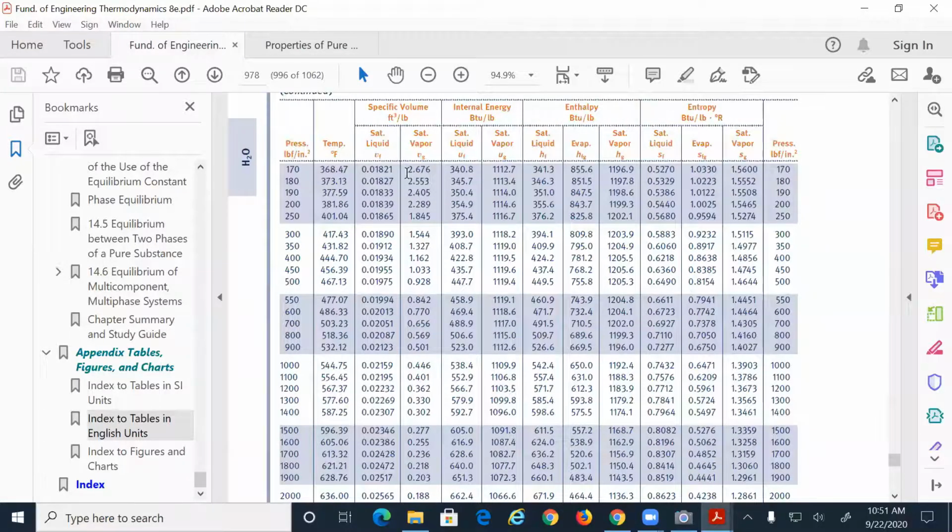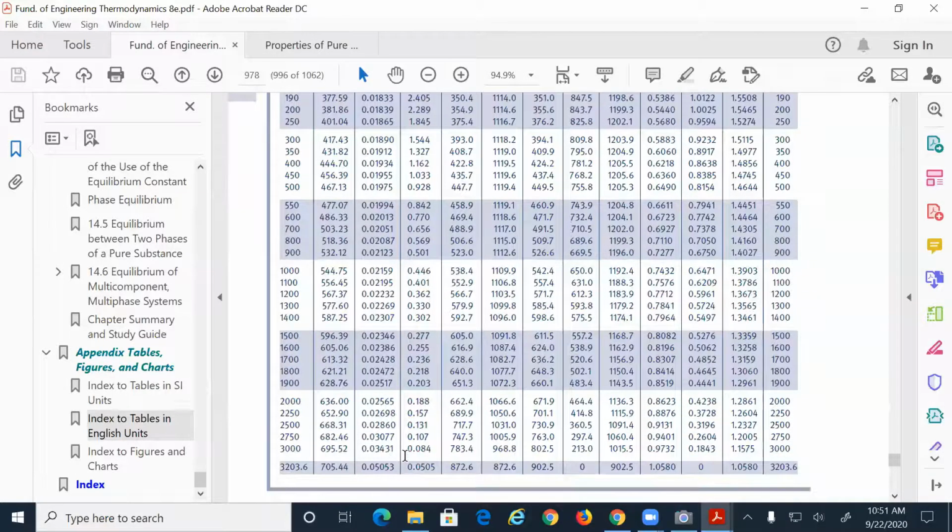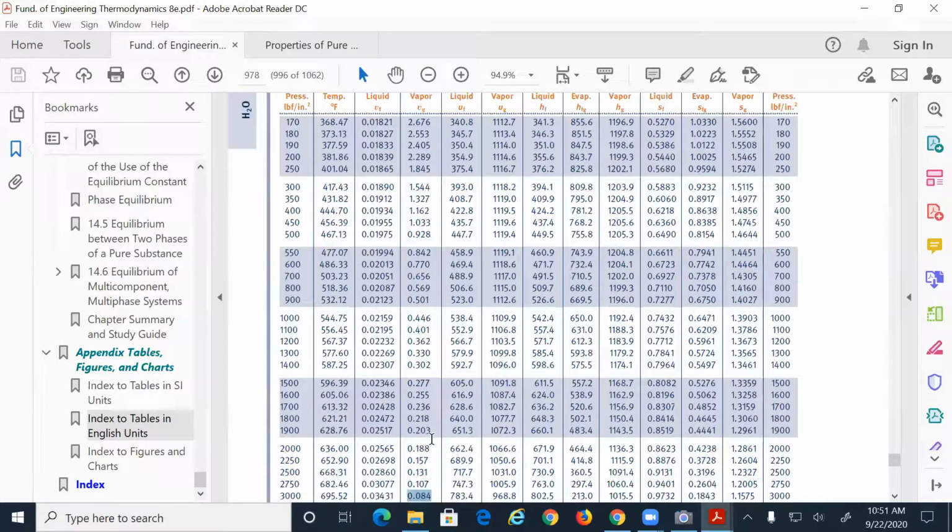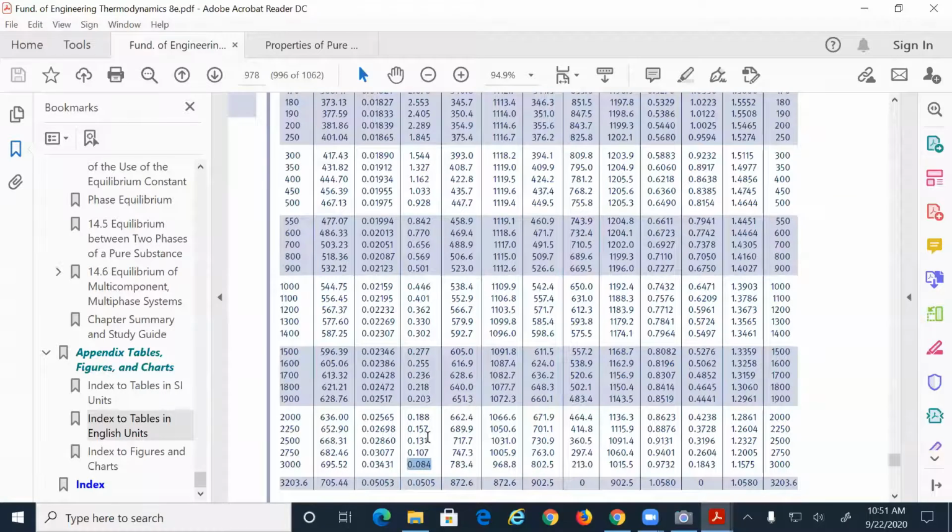Okay, pressure 3,000. What is VG? It is 0.084. Yeah. So table A3E at P equals 3,000, VG equal to 0.084.